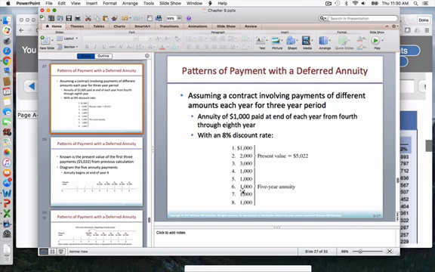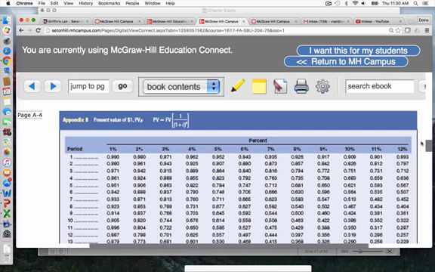And because it's the same annuity, we can use the appendix for annuity for present value, which is Appendix D. Present value of this $1,000 for 5 years. So we go in Appendix D, n equals 5, because there are 5 years. Interest rate is 8%. And the present value is going to be 1,000 times Appendix D.